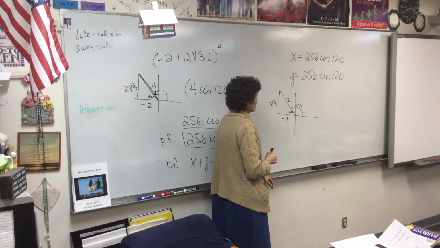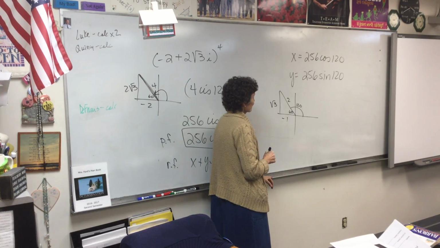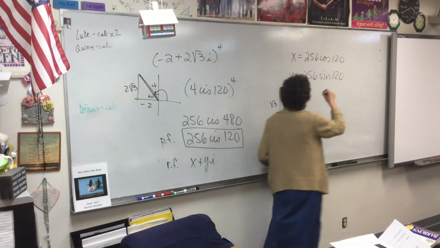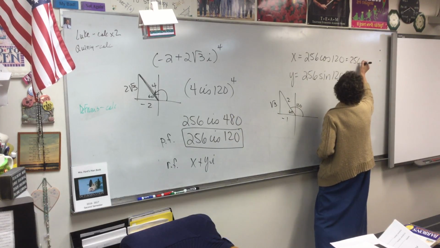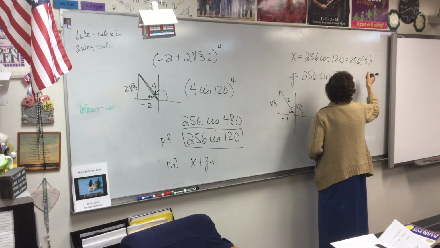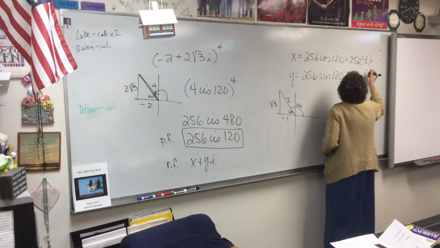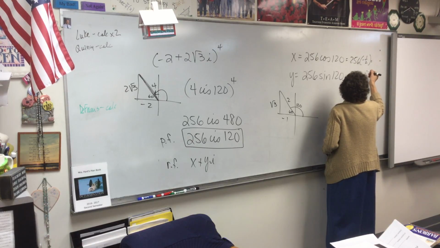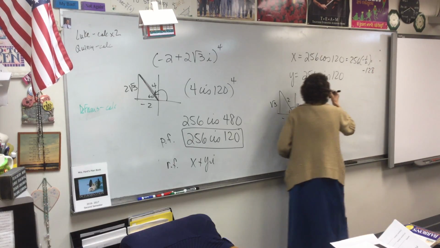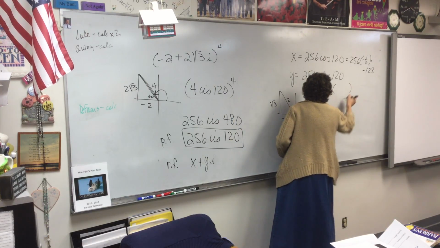What's the cosine? -1/2. So I have 256 times negative 1/2, which is negative, what's half of that? 128. What's the sine of 120?